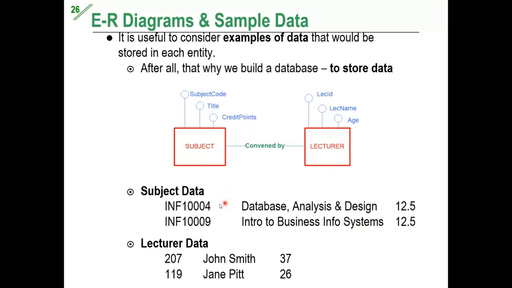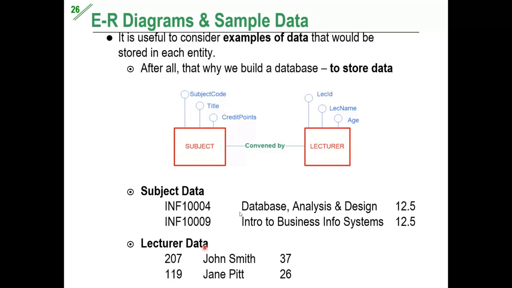So you can see here we have two subjects. In databases, we call these instances. So two instances: this is instance one, this is instance two. Likewise, in the lecturer entity, I have two instances as well.